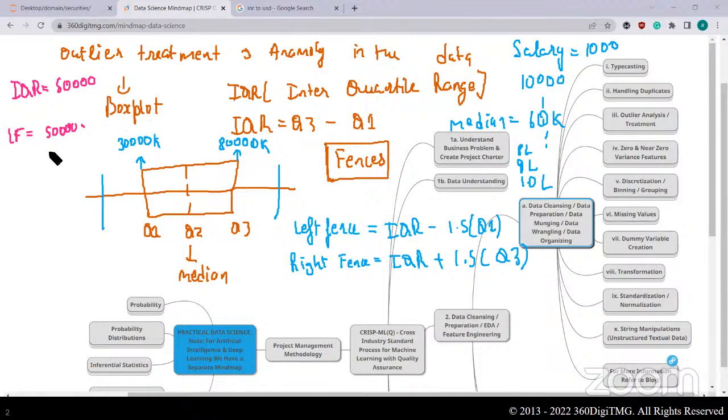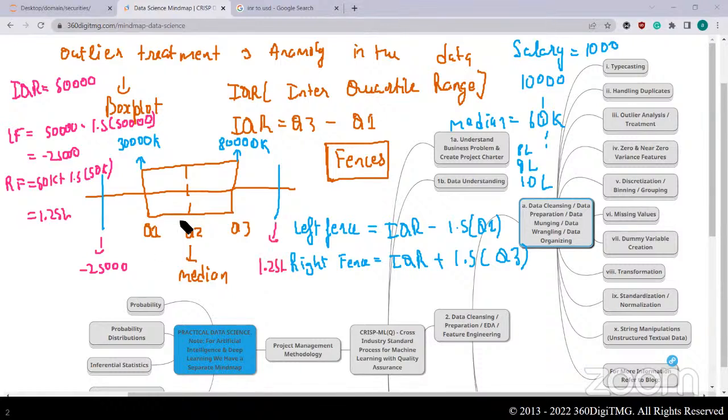So this becomes minus 25,000. So this fence value is minus 25,000. Similarly, you can calculate the right fence. That would be 50K plus 1.5 times 50K. So this becomes 1.25 lakh.